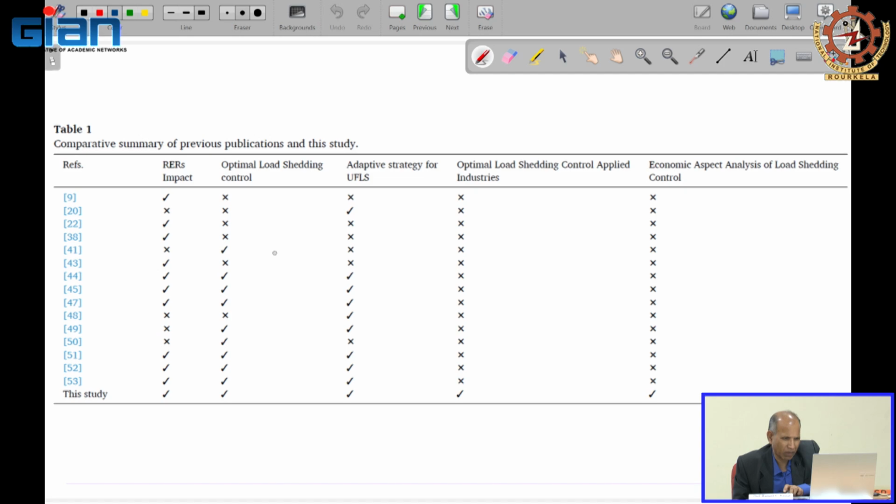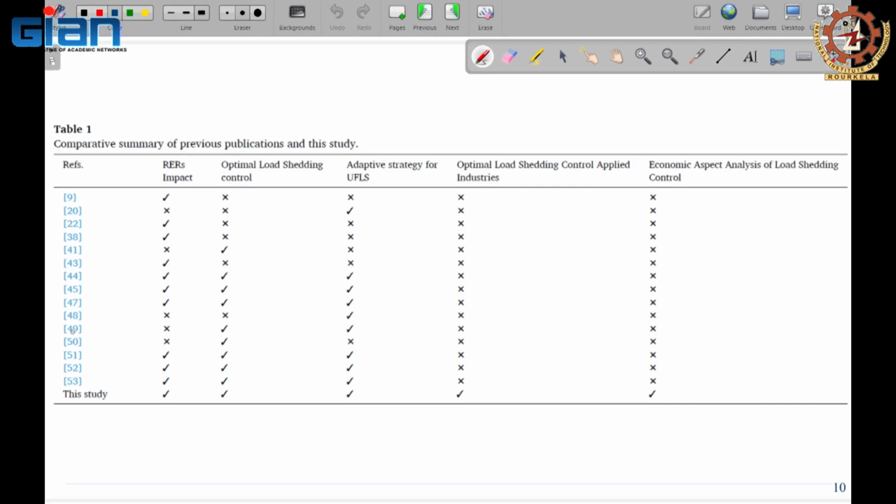Some researchers include just a single point, someone considers two points, but in this paper the main author claims he has considered all points. I don't know how much he considered, but we always say that we are considering something more.